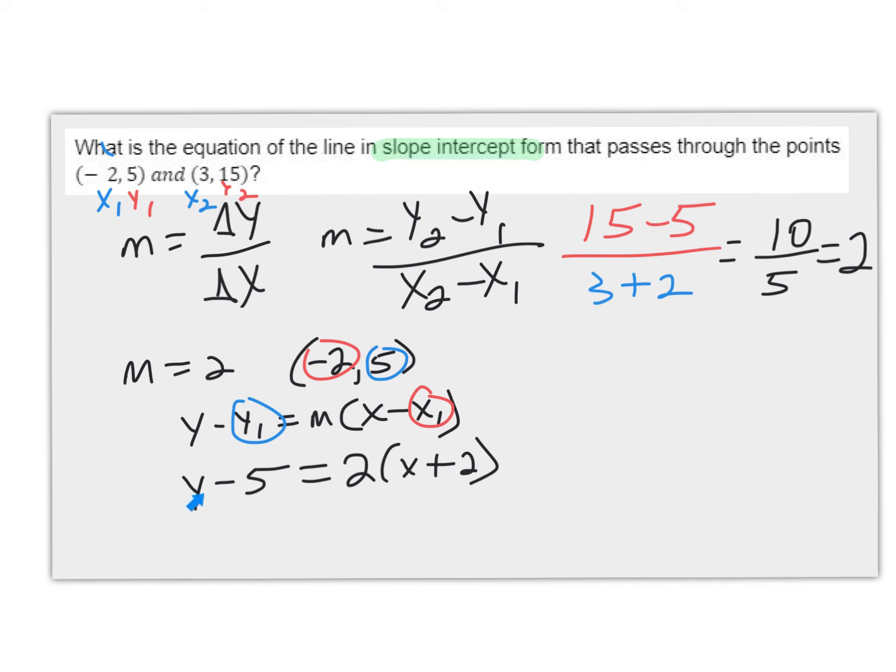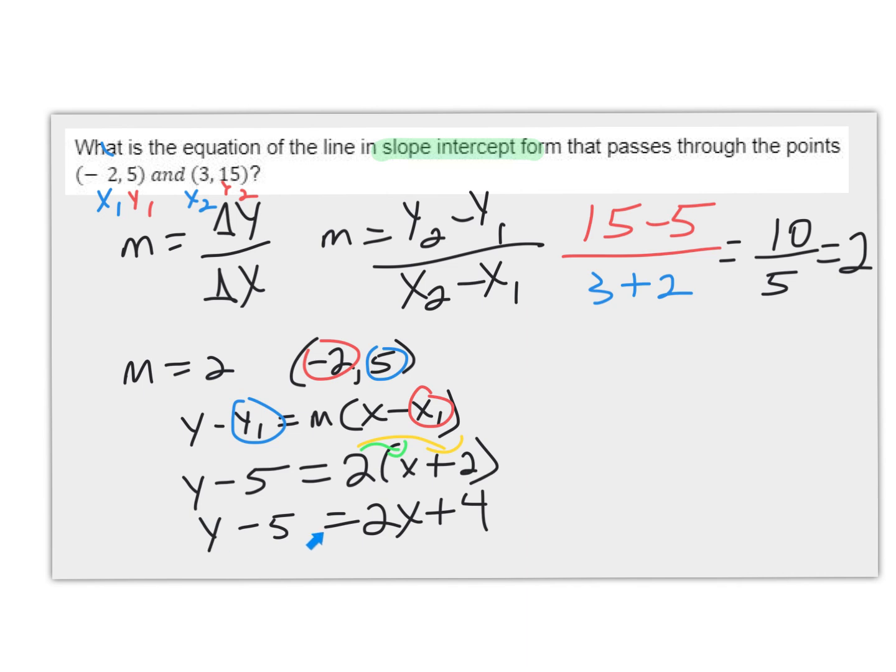Now I need to take this in point slope form and write it in slope intercept. So remember, we have to distribute the 2 to both of these terms inside the parentheses. So my equation would be y minus 5 equals 2 times x is 2x, and 2 times 2 is 4, so 2x plus 4.